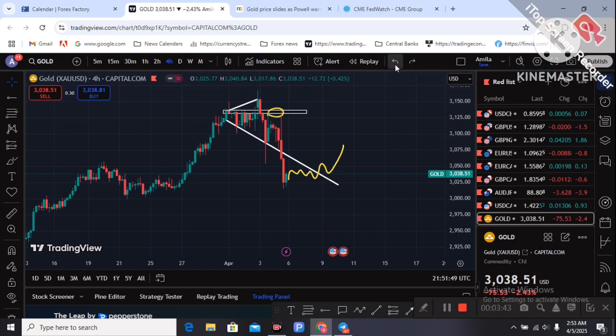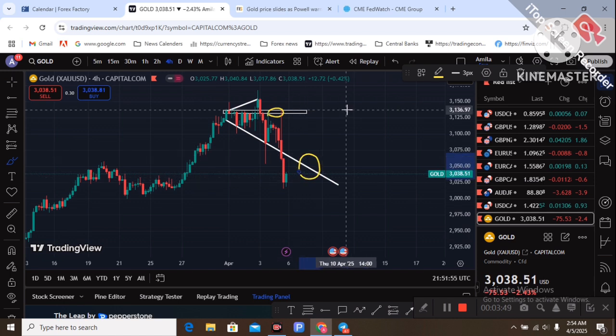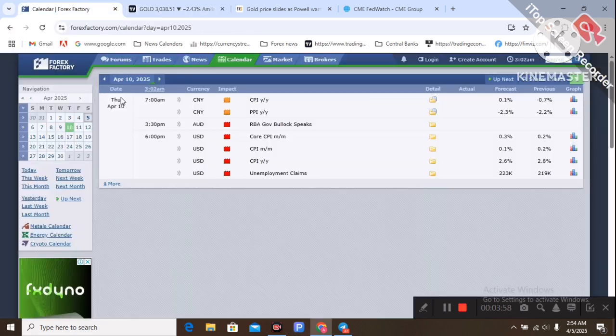So let's see the important economic events next week. This 3050 area is the interesting zone I am seeing in next week's gold trading. Let's look at Forex Factory.